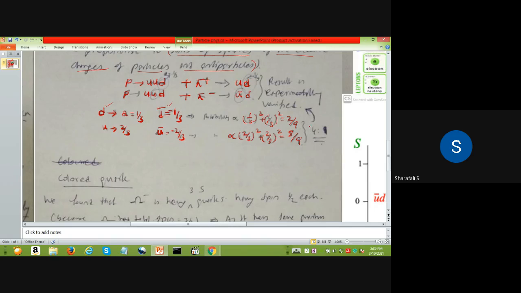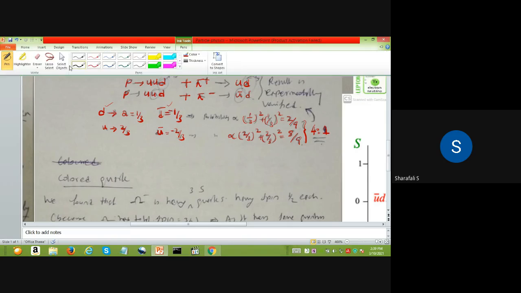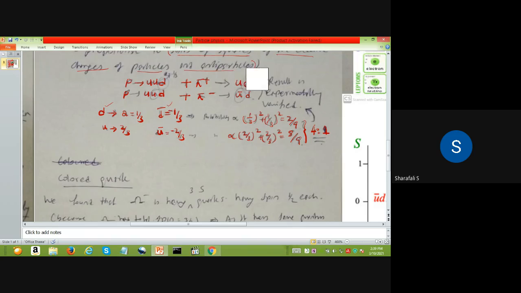If you take the ratio between these two, so it should be d bar, right?